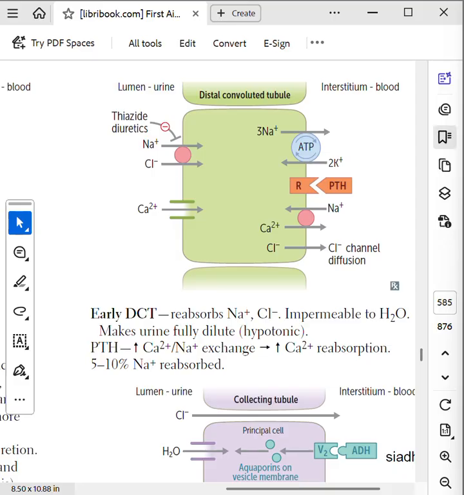So the macula densa cells here in the distal convoluted tubule act as a key sensor. They are part of the distal tubule. They sense the sodium chloride concentration, not volume. They sense the sodium chloride concentration, and basically sodium chloride concentration reflects the GFR and tubular flow.